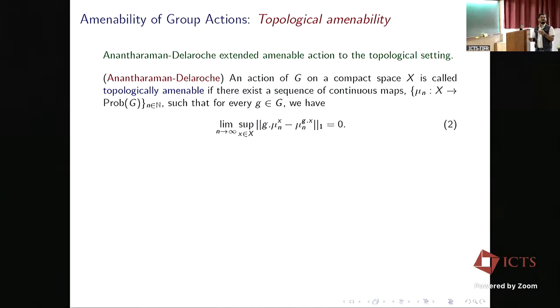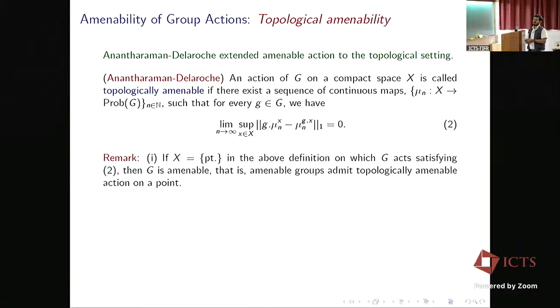I mean, we are not allowing any point to behave otherwise, for any sequence of assignments of probability measures, to not become 0. So here, it's the limit supremum that goes to 0 as n goes to infinity. Otherwise, the assignment is similar.